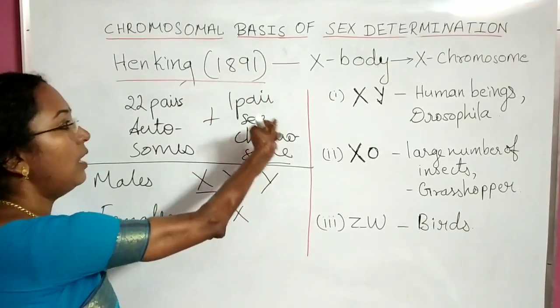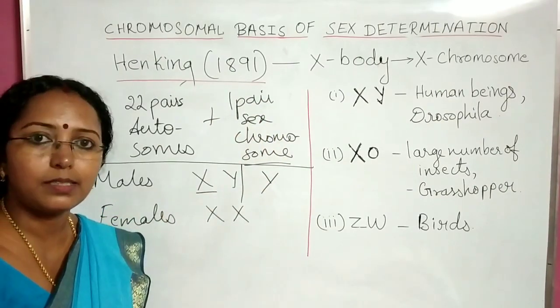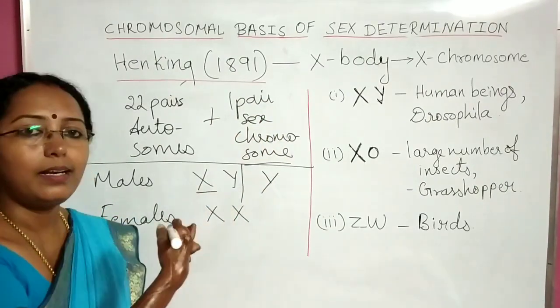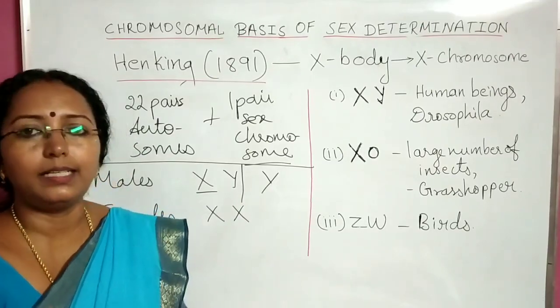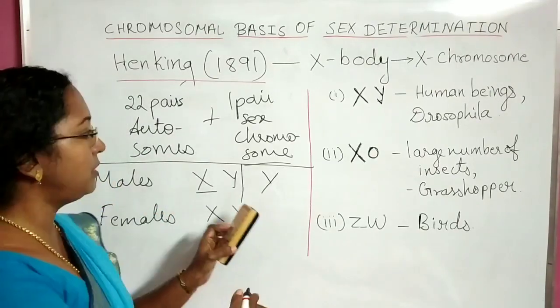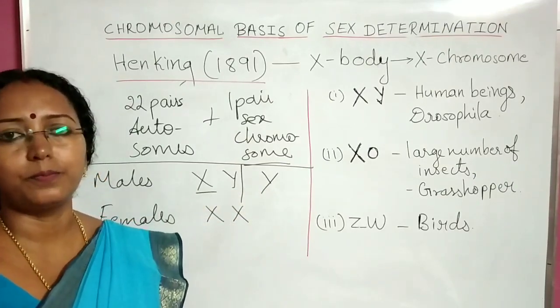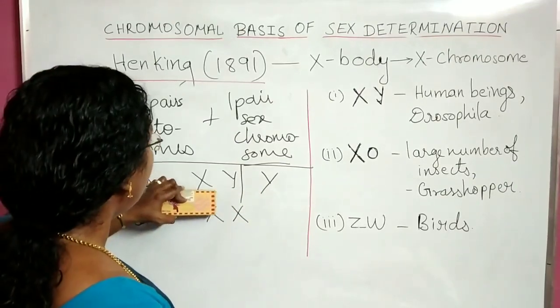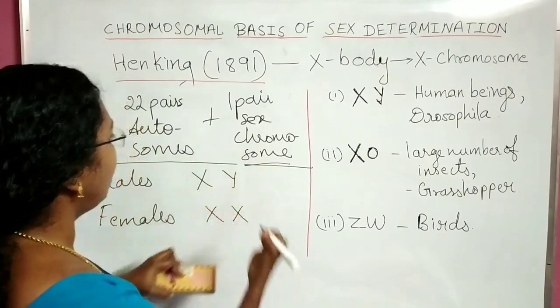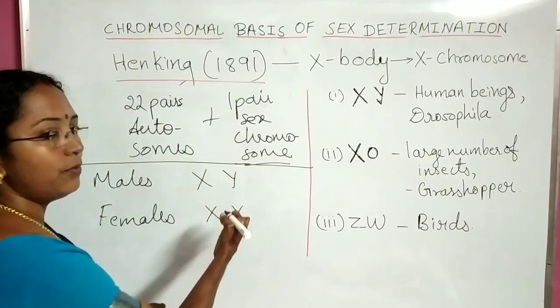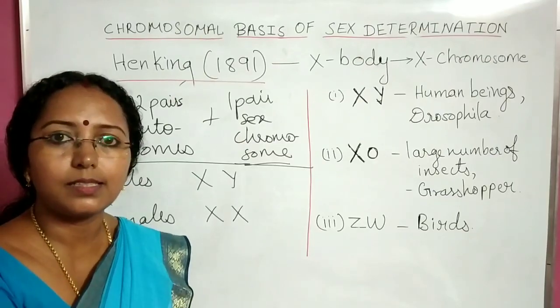That forms the last pair in the case of males. One X chromosome and another chromosome, but it is slightly shorter than that X. So that we call the Y chromosome. So males have different chromosomes. They do not look similar, they look a bit different. X and Y look different in sizes.